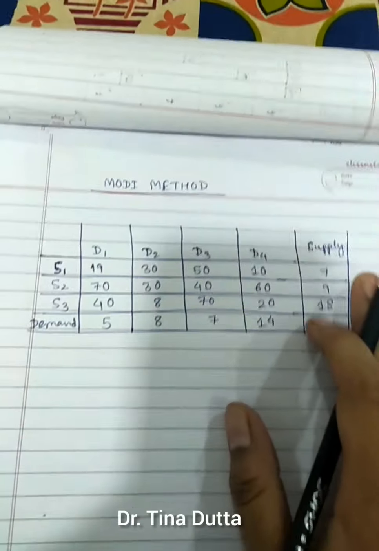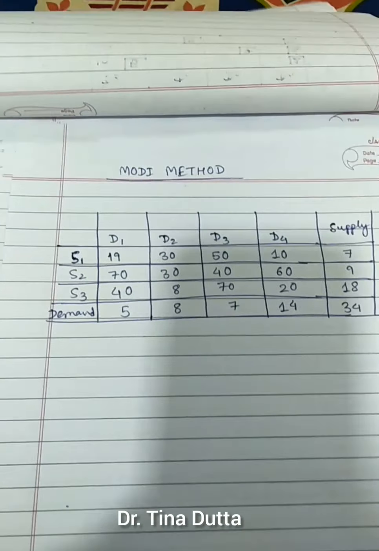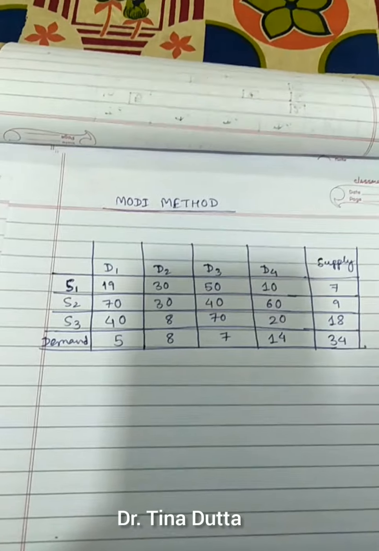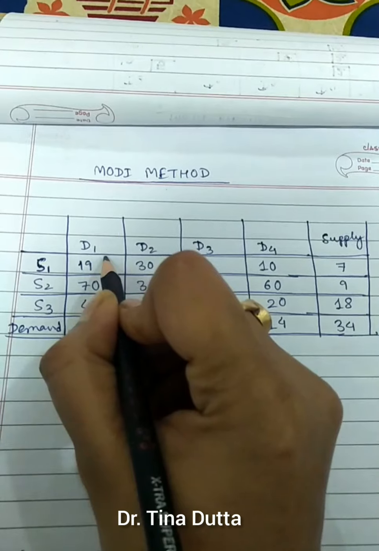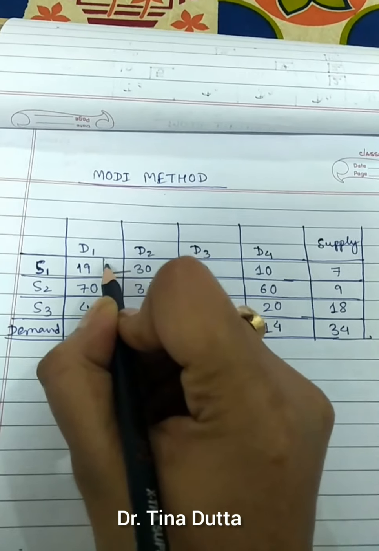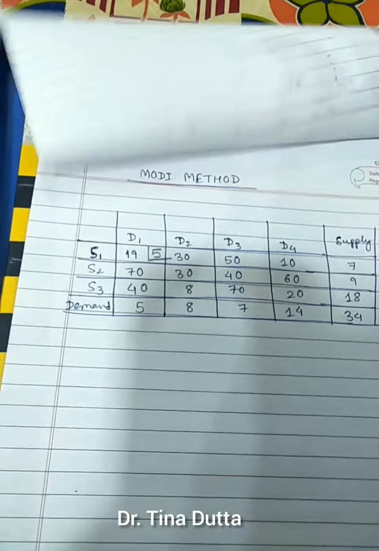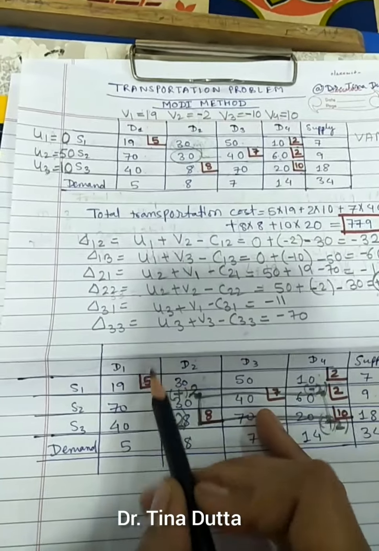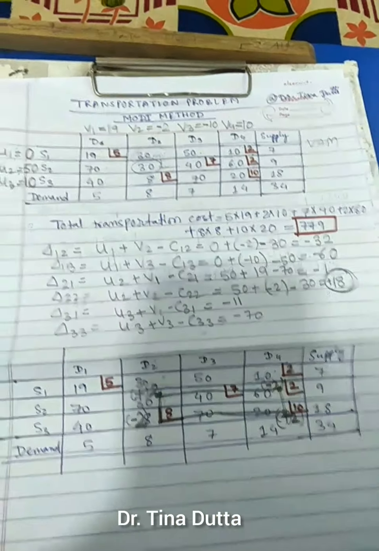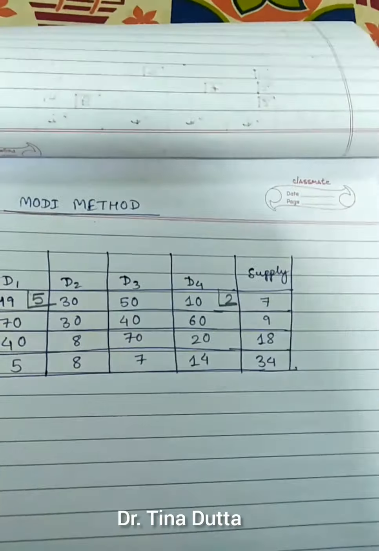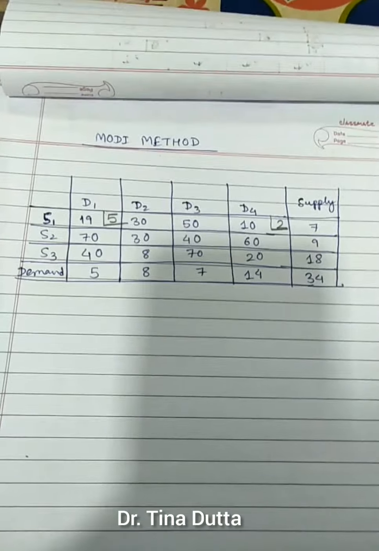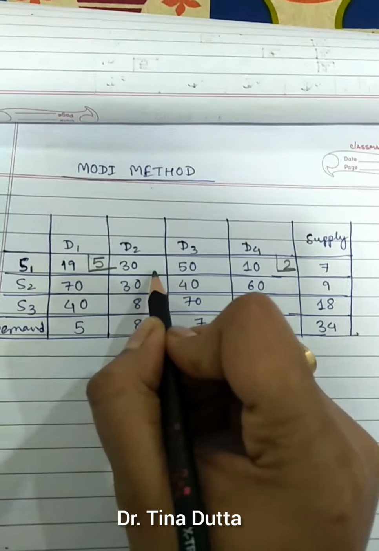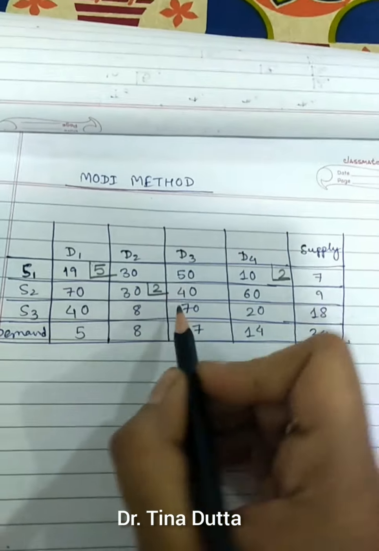This is the transportation problem, and for all the cells where no changes were made, I will write the allocations as they are. For example, 5 goods were here, 5 goods were here, 2 goods were here, so there is no change. Then I will write for the cells where changes have been made. Remember, here 2 goods were added, so I will now write 2 goods here.